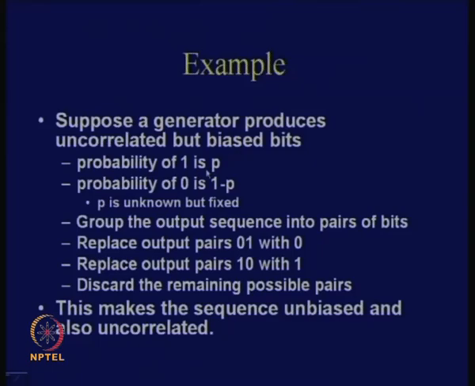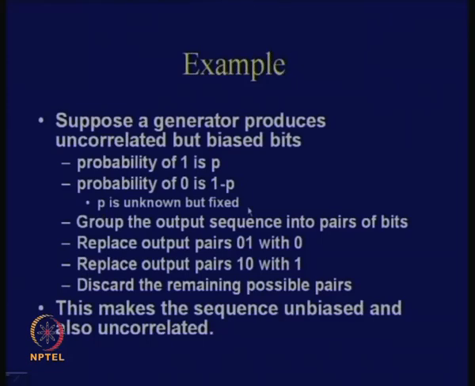Uncorrelated means that the particular value does not depend upon the previous value, they are all independent. And the probability of a 1 is p, and the probability of a 0 is in that case 1 minus p, and p is not half.